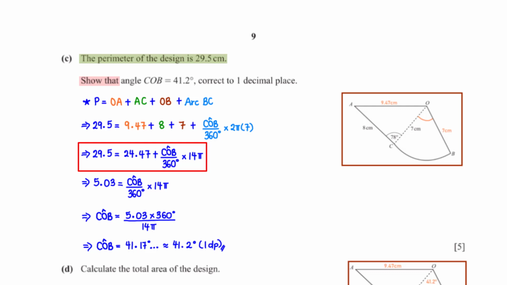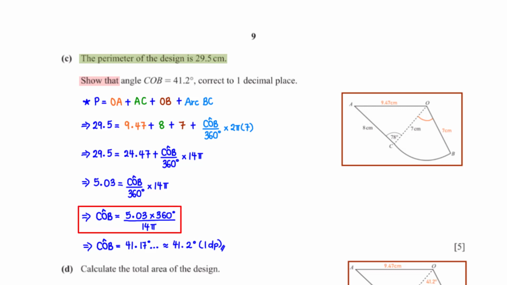When we subtract 24.47 from both sides, this is what we have. And when we make angle COB the subject, this is what we have. When we type this into the calculator, we get 41.17 degrees, which is approximately 41.2 degrees rounded to 1 decimal place.